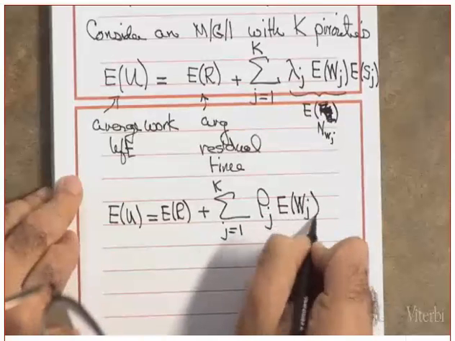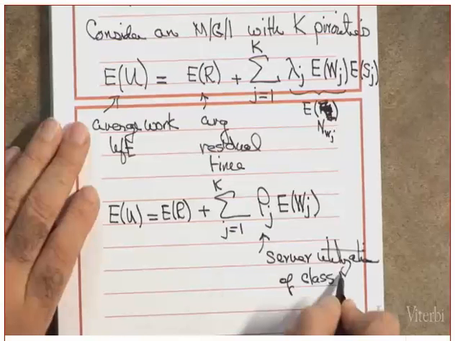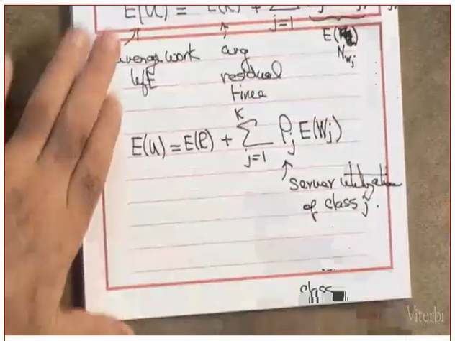Do you see why? Do you understand what scheduling policy means? First come first serve, priority, round robin, and so on. Exponential means it's memoryless. Are you following me or not? So this one does not depend on the scheduling policy.